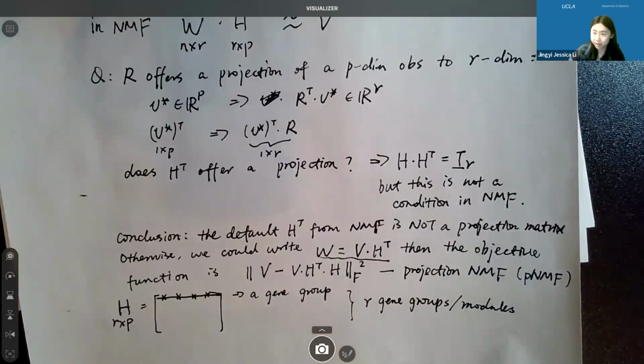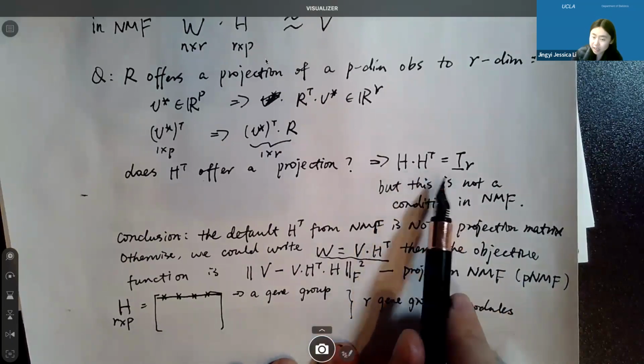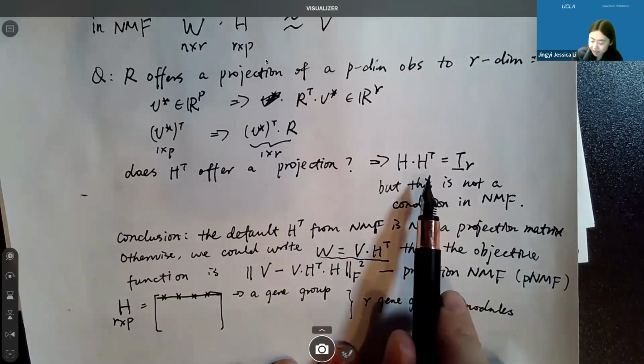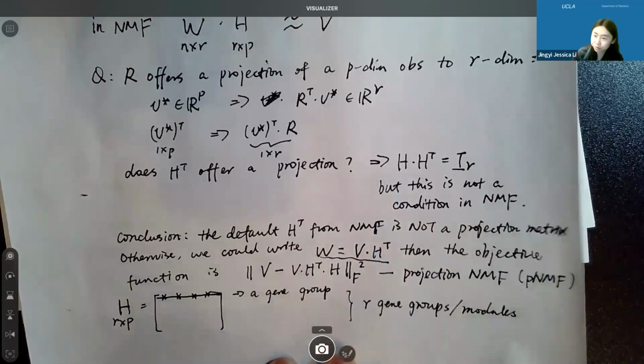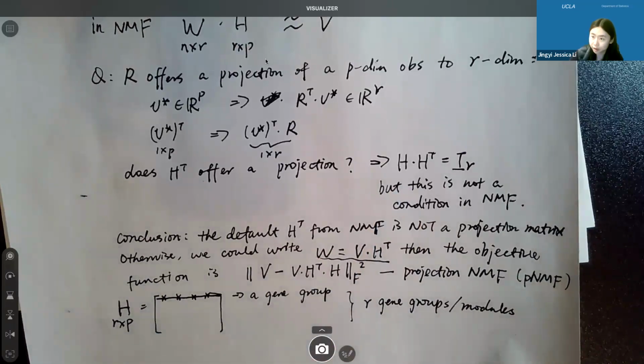Another thing is that this orthogonality condition would make my R rows pretty much orthogonal to each other. This is not something that holds for the regular NMF.